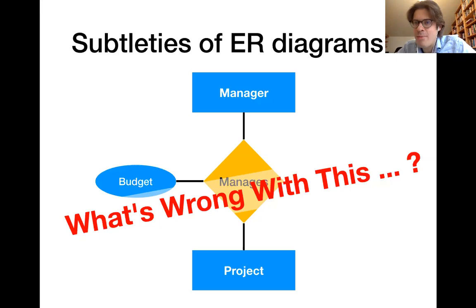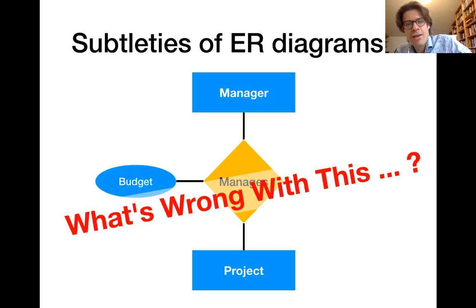Very correct, the point that one manager could manage multiple projects. In that case, first of all, we are missing information, because we don't represent how the budget is partitioned across multiple projects. And also we introduce some redundancy, because here we essentially model something where we would need to store this budget for each manager-project combination, right?